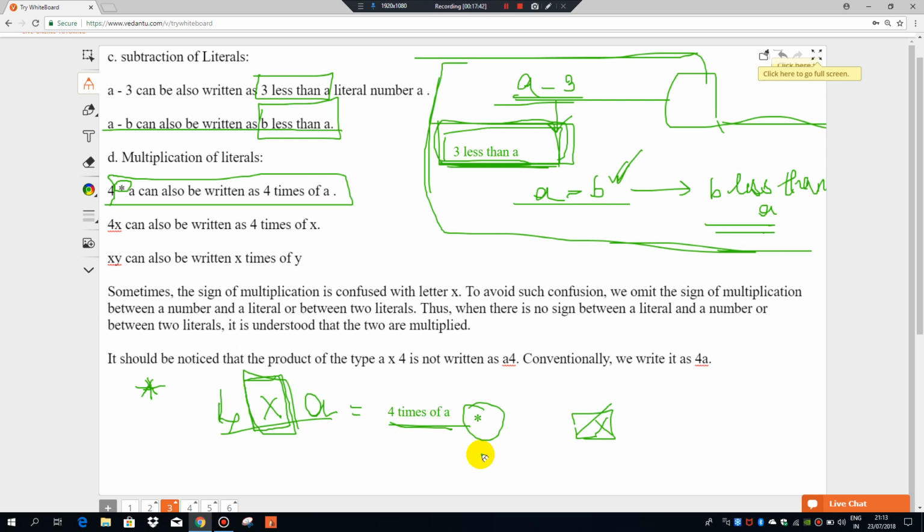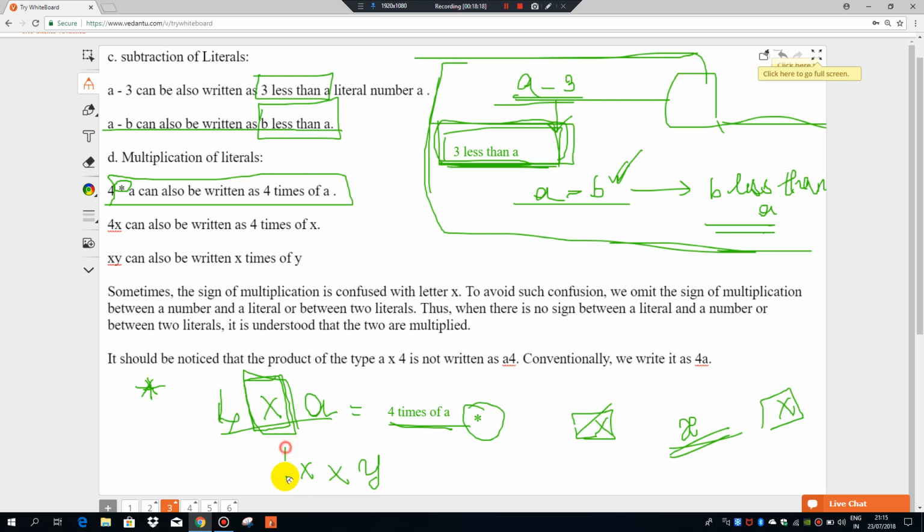Sometimes we also have the alphabet X, right? In some cases students get confused between the two X's. If they have given X and X, we don't know which symbol denotes the multiplication.